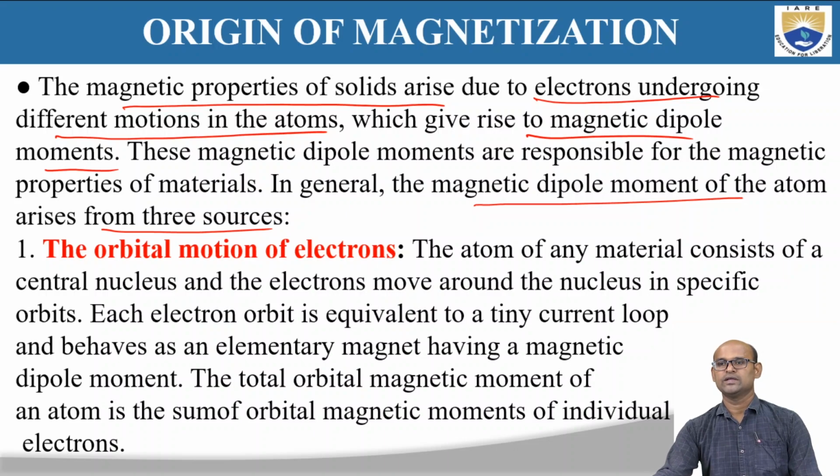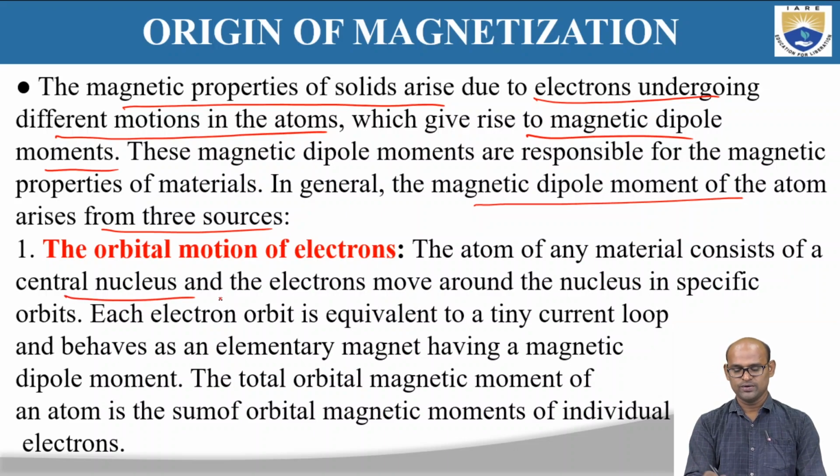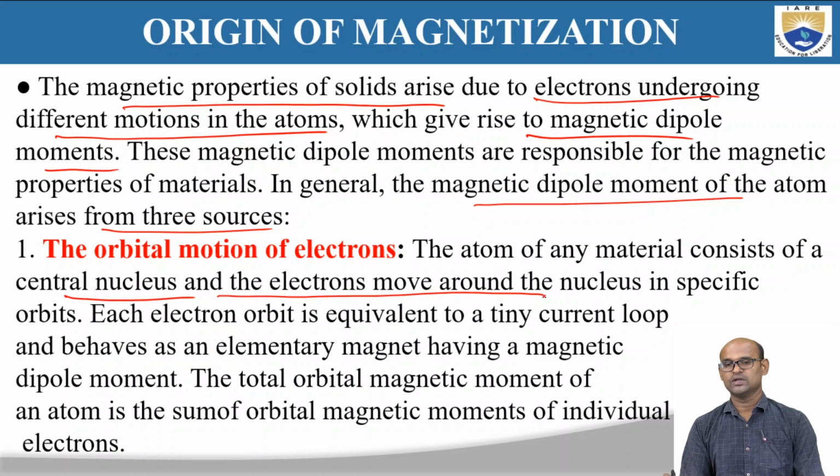The atom of any material consists of a central nucleus, and electrons move around the nucleus in specific orbits. Each electron orbit is equivalent to a tiny current loop. I have an orbit, this is the nucleus, and the electron is revolving around the nucleus in this circular orbit.